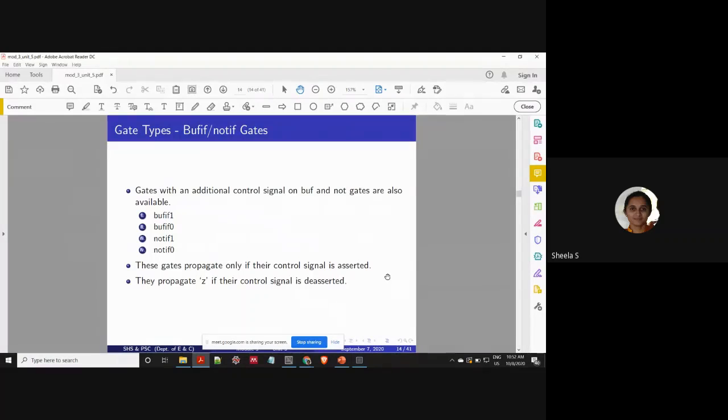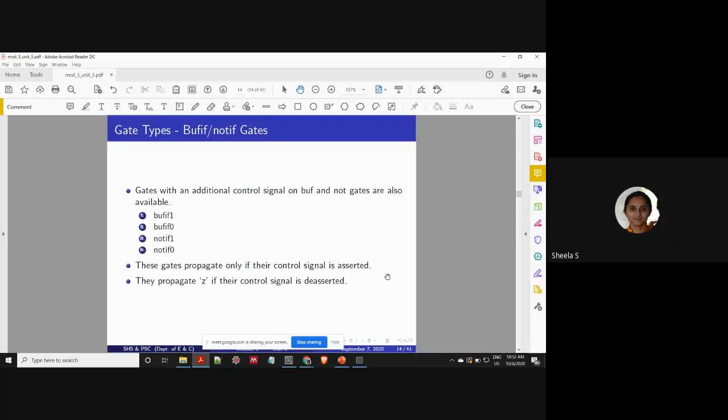So if I want to enable or disable, we have to consider either positive logic or negative logic. Positive logic means if the control is 1, it will enable; if the control is 0, it will disable. Negative logic means if the control is 1, it will disable; if the control is 0, it will enable.